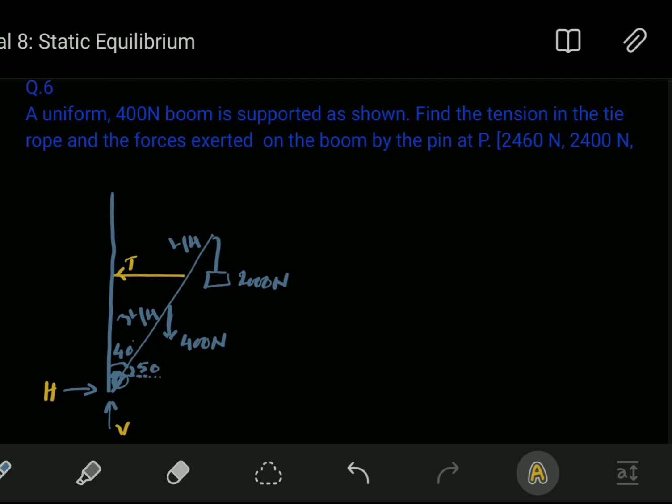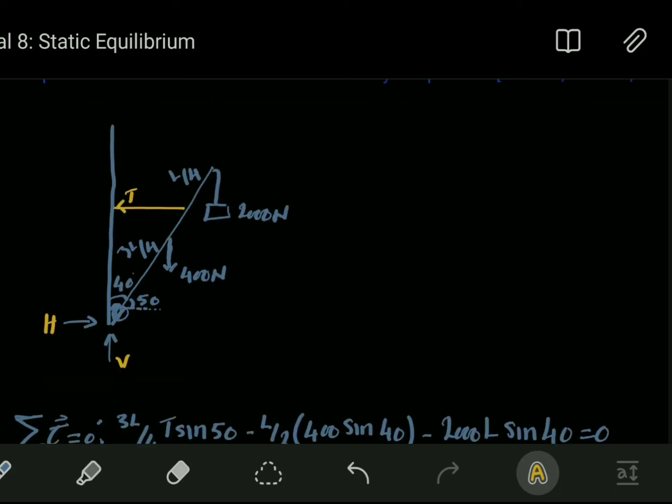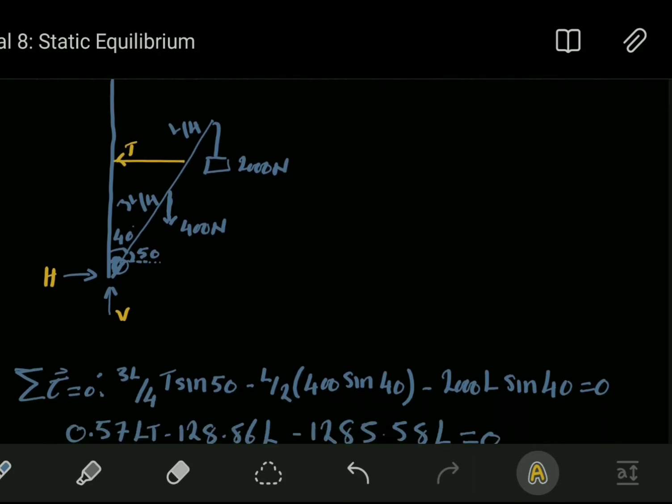Okay, so now to find the tension, let us consider the second condition of equilibrium. Let us consider the vector sum of the torque about the point P, which is somewhere about the pivot here. So we are saying the sum of the torque must equal 0.